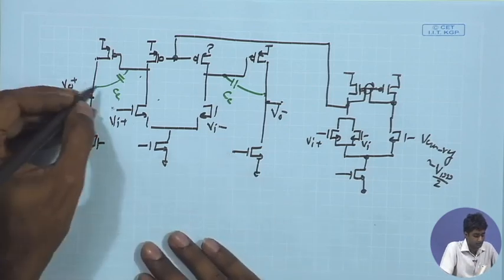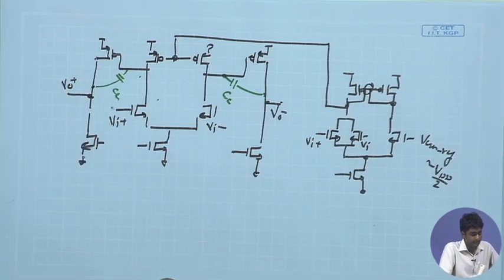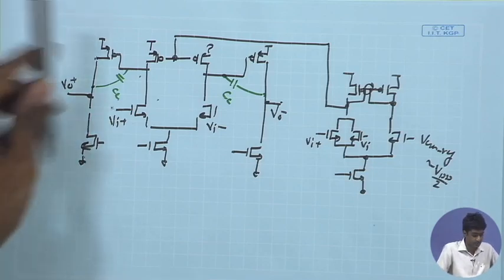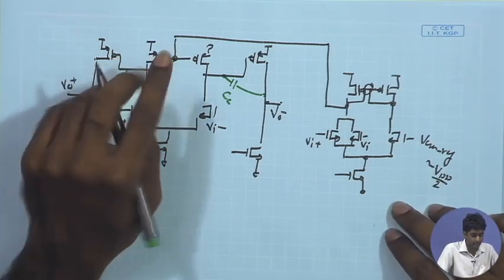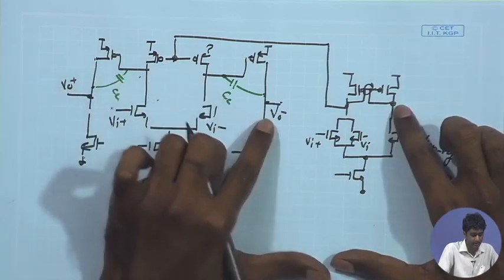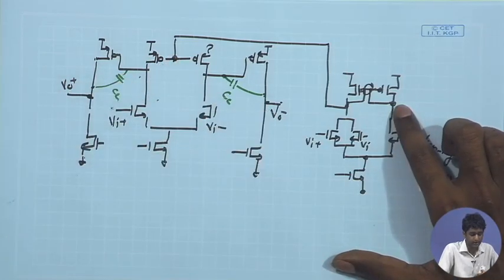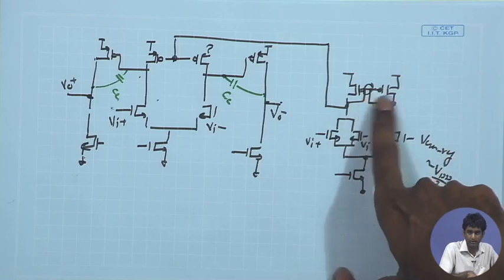Now, here another important question was: can we go for a compensation cap between the output of the error amplifier and the second stage, and in that case can we go for a current mirror load?